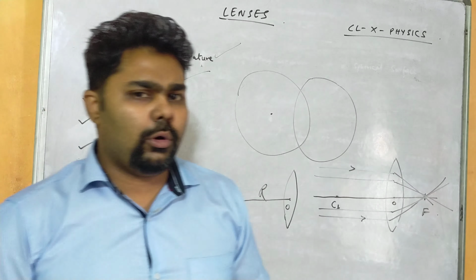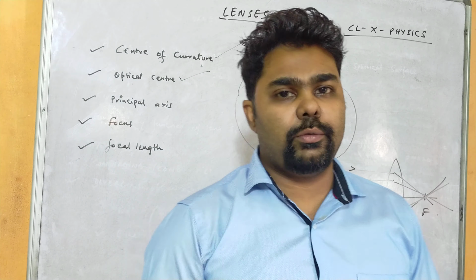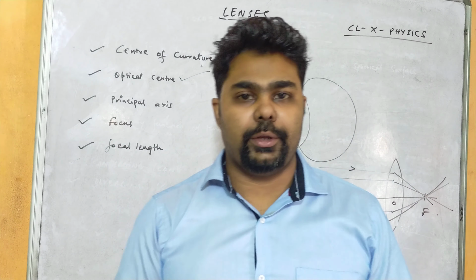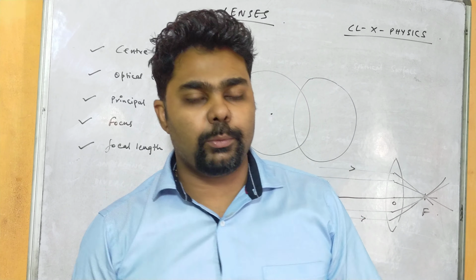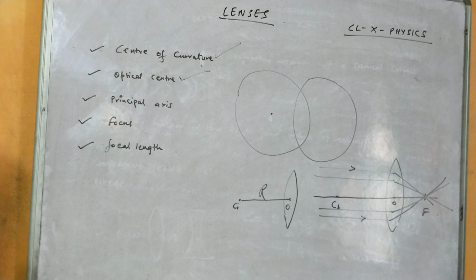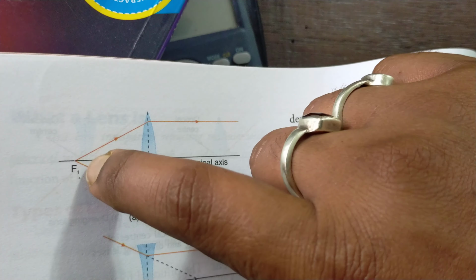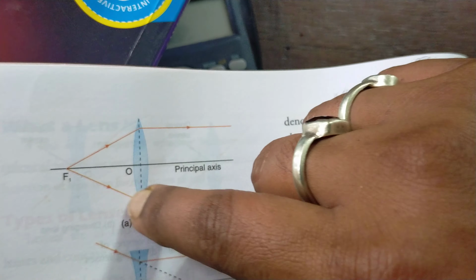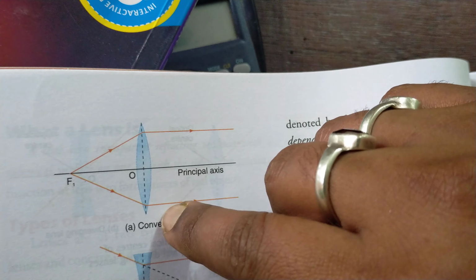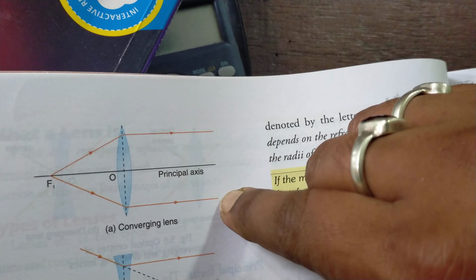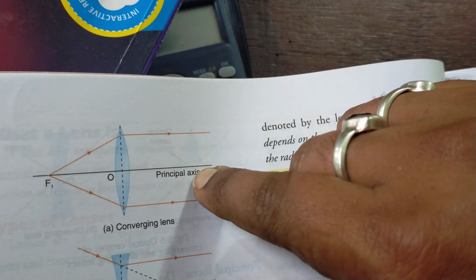In the previous video also we went through the first focal point and the second focal point. So what is the difference between the first focal point and the second focal point? In the first focal point, the rays of light appear to come from the focus, and as soon as they strike the lens, they travel parallel to the principal axis.